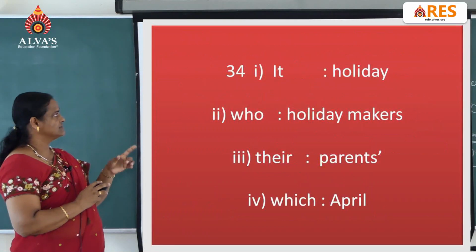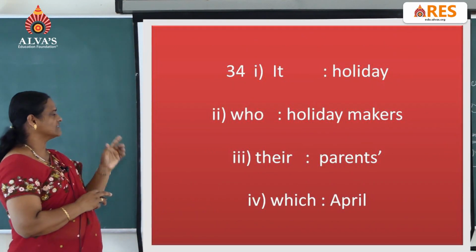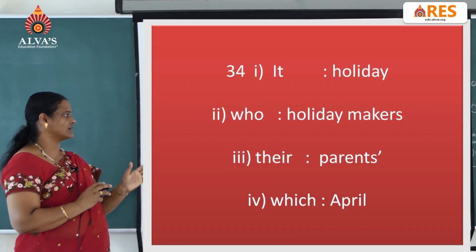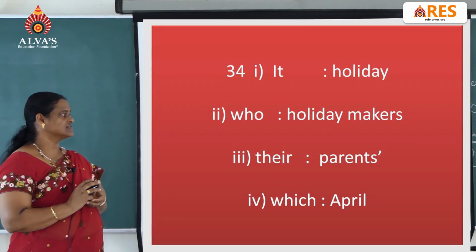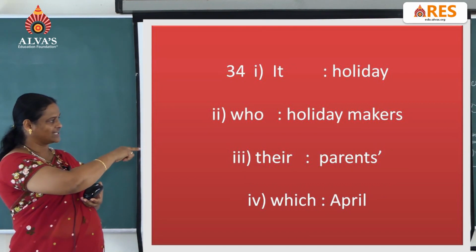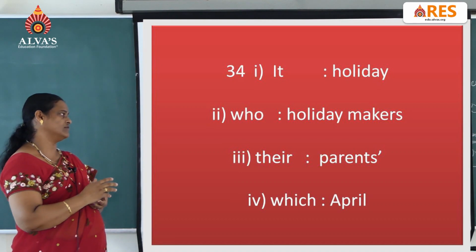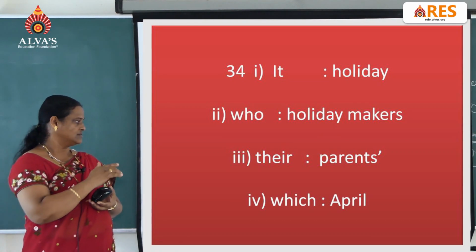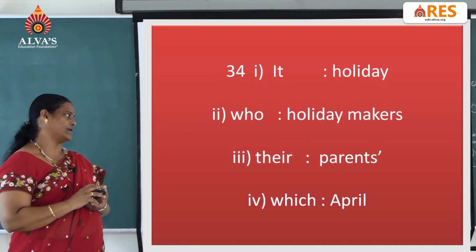It, here the answer is like this. It is holiday. Who? Holiday makers. Their, parents. Parents is a plural, and that it's a possessive pronoun, so after s apostrophe is put, which means that there is one more s which follows, which stands for April.